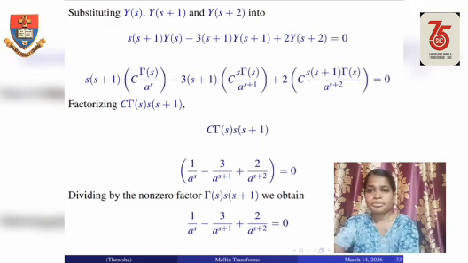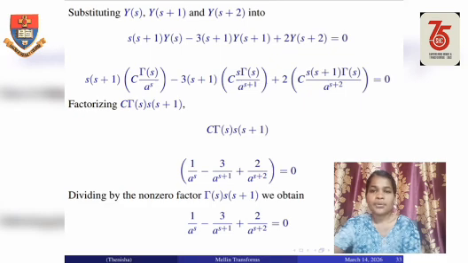we get s(s+1) c Γ(s)/a^s - 3(s+1) c s Γ(s)/a^(s+1) + 2c s(s+1) Γ(s)/a^(s+2) = 0.